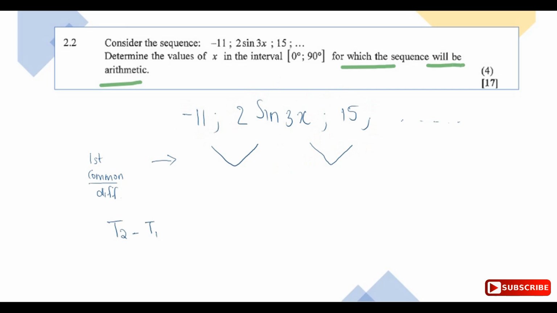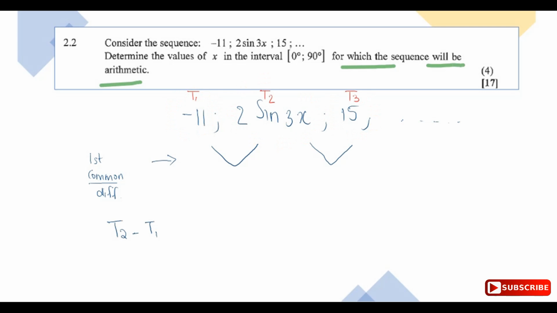I'm going to put the t1s and the t2s here at the top, right? That's term 1, that's term 2, that's term 3, right? So when you take t2 minus your t1, the value that you will get should be equal to t3 minus your t2 when you are working with an arithmetic sequence.